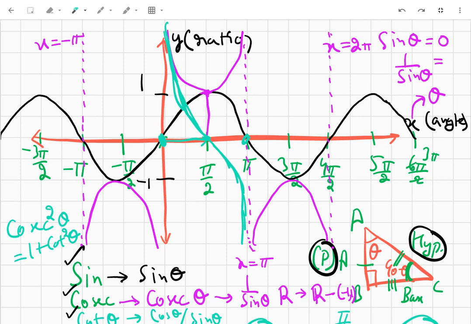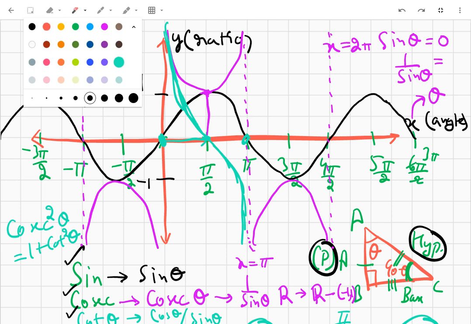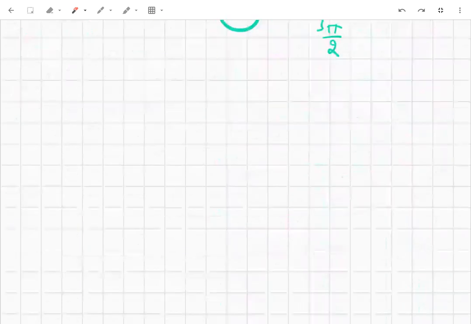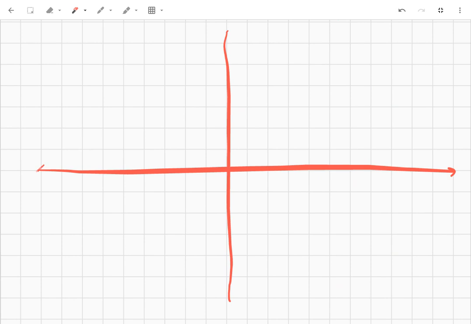Okay, and yeah, let's now do the other three ratios. Okay, very quickly. So this was our axis. Again, angle, ratio, right?